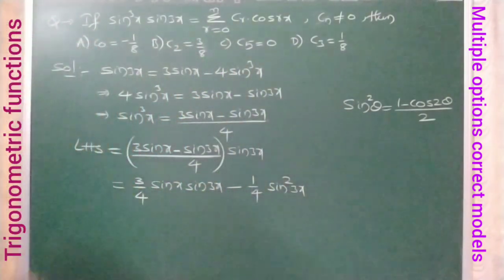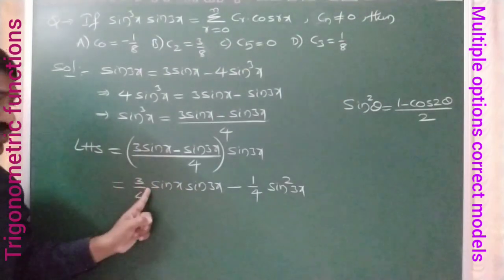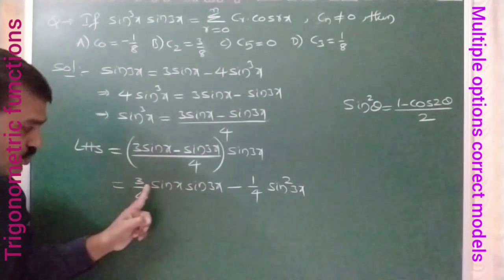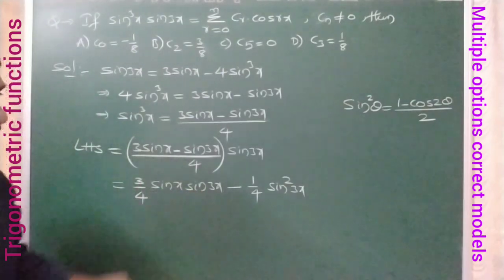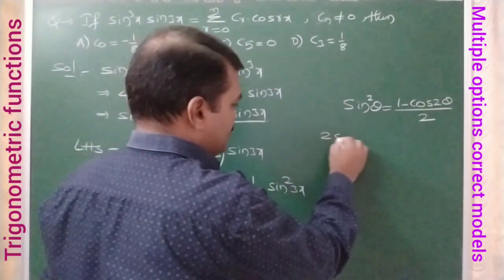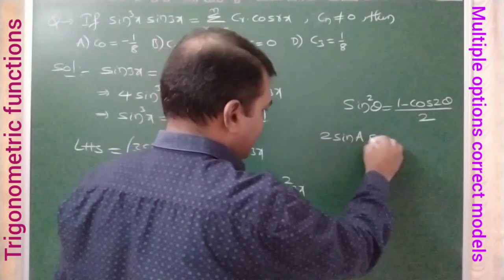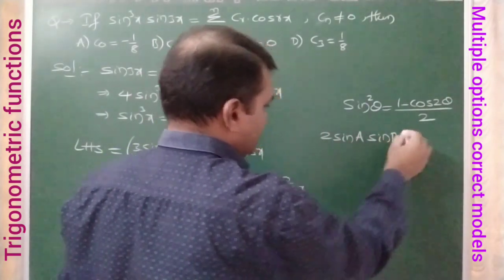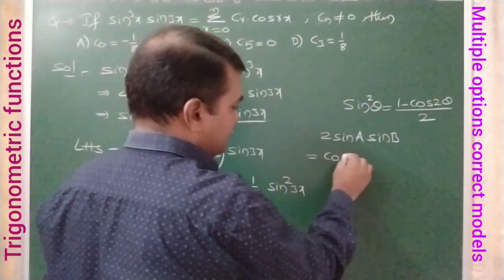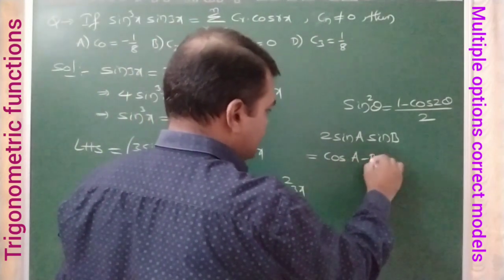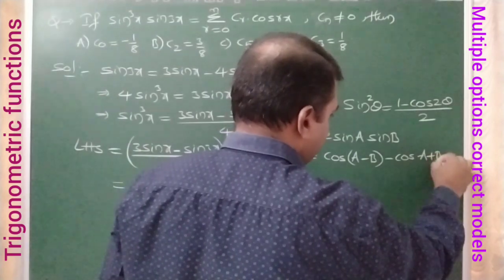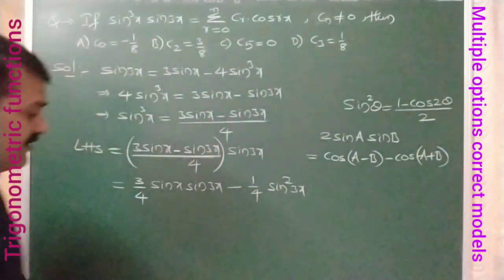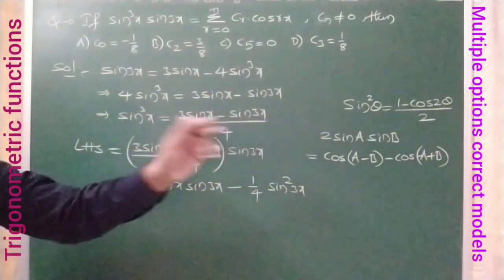Now coming to this part, if you have 2 in front of sin x sin 3x, this is the 2 sin A sin B model. The transformation formula for 2 sin A sin B will be cos of A minus B minus cos of A plus B. If we have 2 here, we can use the formula.